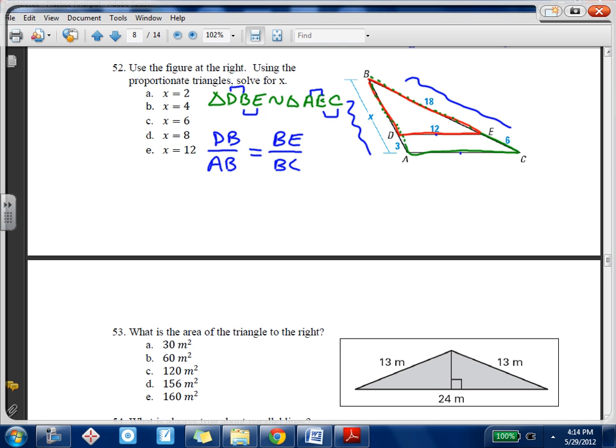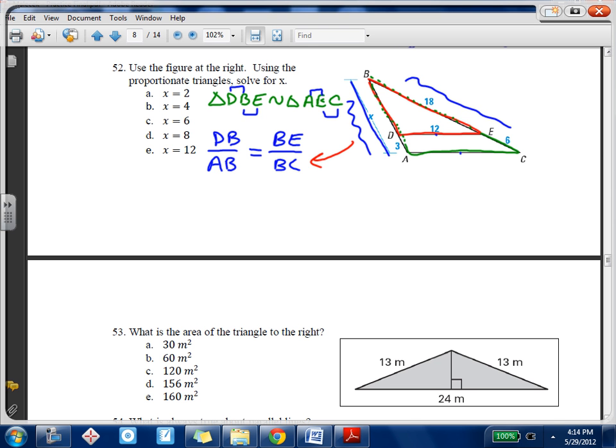Next, we take our numbers and we plug them into this ratio I've set up between the similar triangles. So DB, what is DB? Well, it's short of x. Notice that x is the entire length from B to A. BD here is going to be a little bit shorter than it.